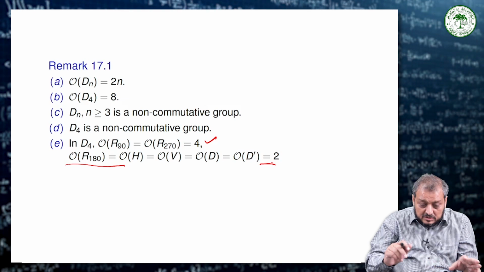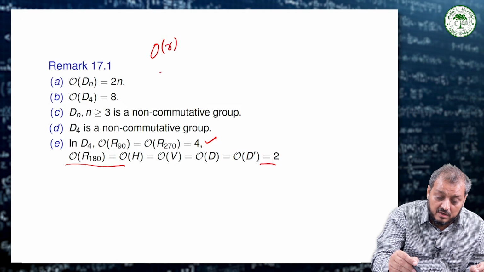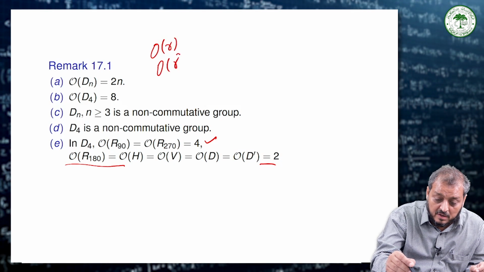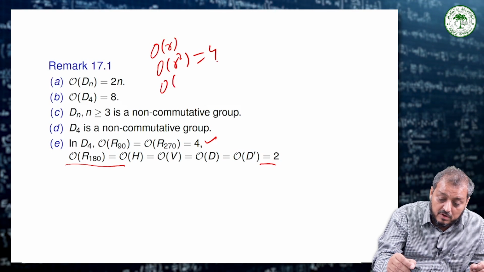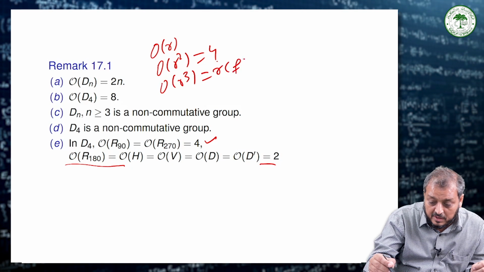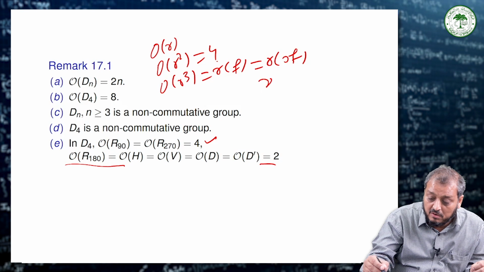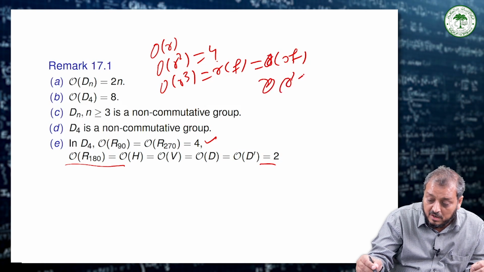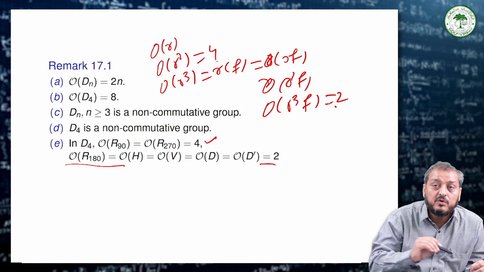So this is R90, which means we have to take the order of R and the order of R square, that is equal to 4, and the order of R to the power 3, and the order of F, order of RF, order of R square F, order of R to the power 3F, they are all 2.